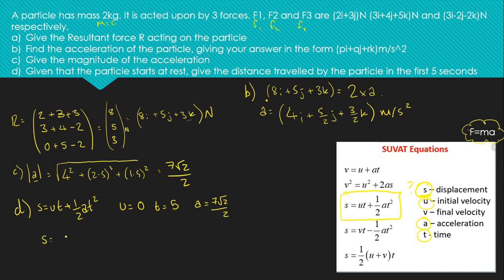So s, the displacement, is going to be 0 times 5 plus 1/2 lots of 7 root 2 over 2 lots of 5 squared. Now that is going to equal, we're going to get 0.5 multiplied by, open brackets, 7 root 2 over 2, close the brackets, and then 5 squared.